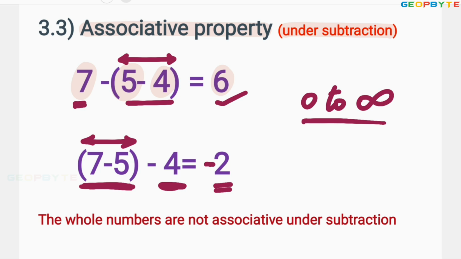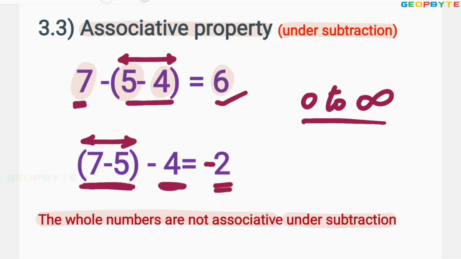Negative digits are not coming under whole numbers. Therefore, the whole numbers are not associative under subtraction. I hope you clearly understood. Dear little friends, remember, the whole numbers are associative under addition and multiplication, but the whole numbers are not associative under subtraction.